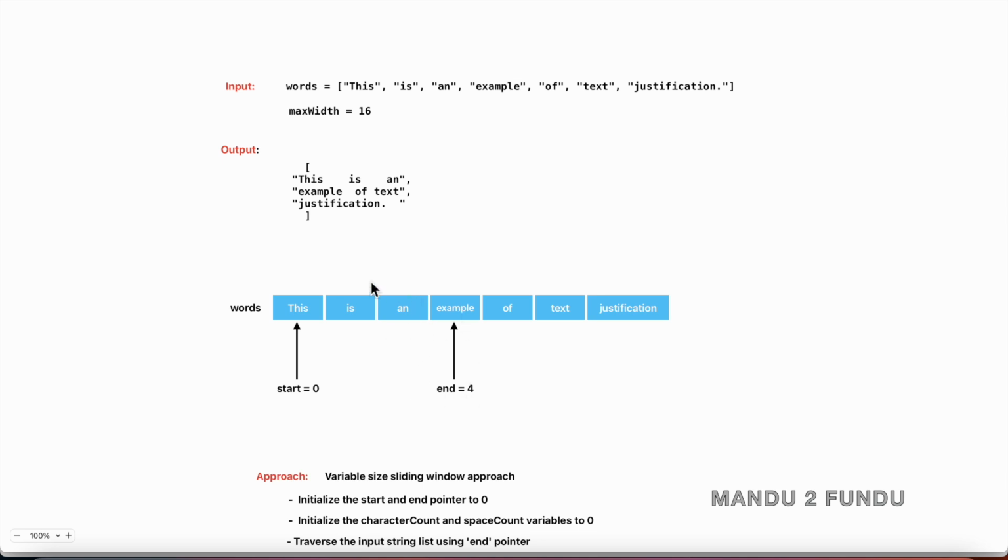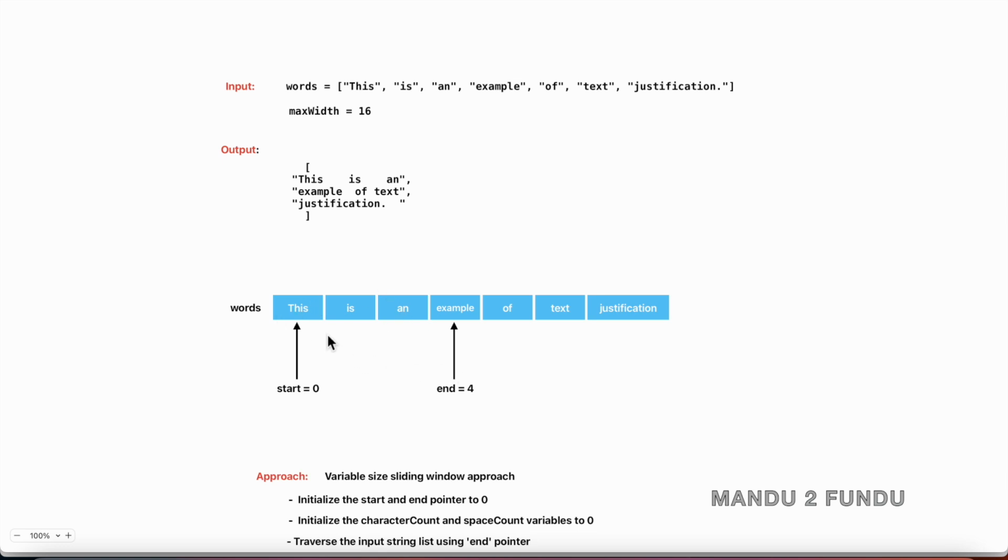So in that case we form a justified line with these 3 words. Then we have to advance the start pointer so that it points to our next line. So this start pointer will point to the word which is pointed by the end pointer. So we simply slide the starting point, so we skip the words which are processed already.